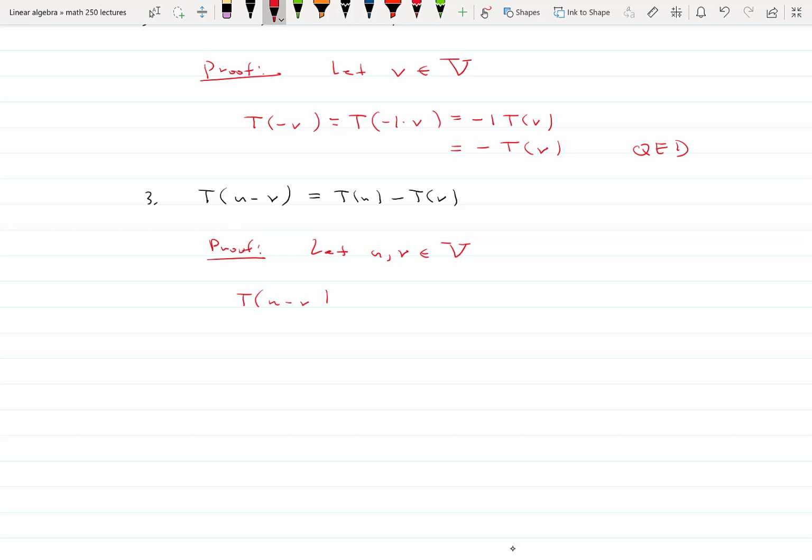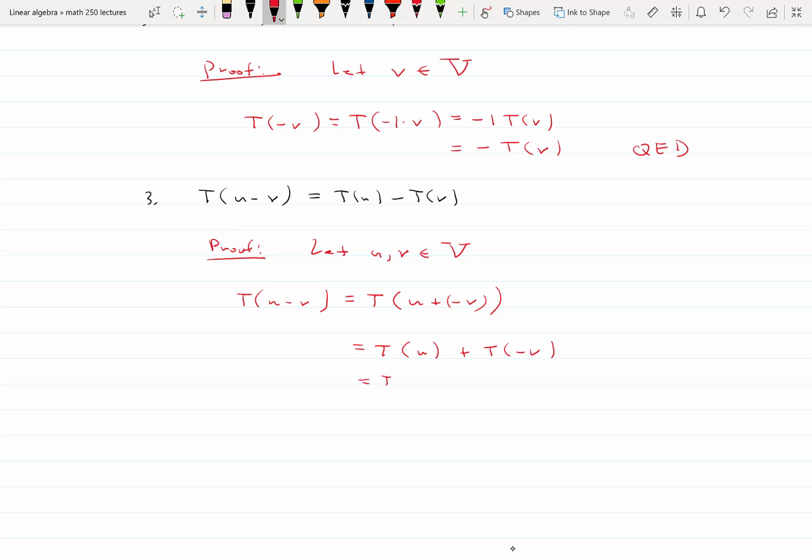T of u minus v. Well, the definition of u minus v is u plus the opposite of v. That's the definition of u minus v. Okay, but the first property of linear transformation says that this is t of u plus t of the opposite of v.